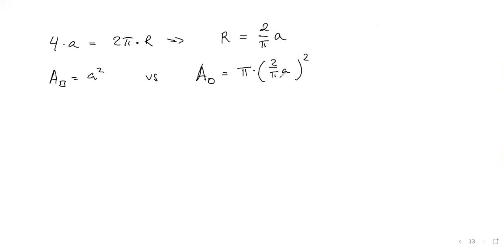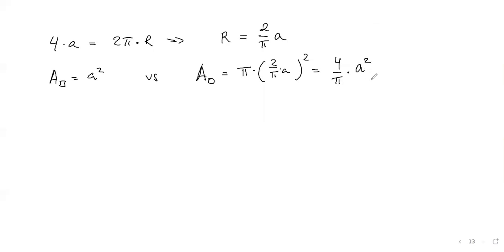Is it correct? I'm not making mistakes here. So the square initially was just a squared. The resultant circle would be pi radius squared. If I simplify it, I get 4 over pi a squared. One pi will go away. 4 over pi.